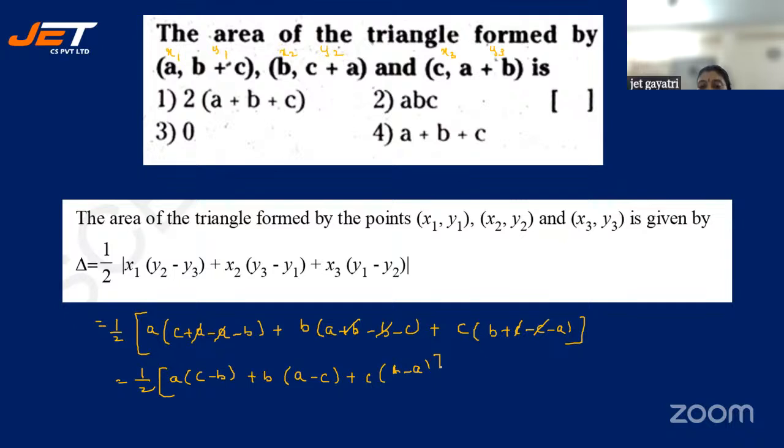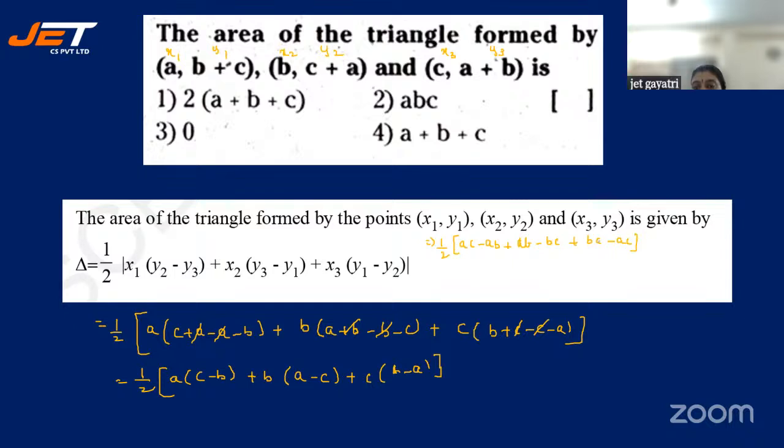Okay. Right. See here, you just have to expand. Actually, there's no place for me to work out here. If you expand, you will get the answer. Okay. So let's do it here. If you expand, you will get half into AC minus AB plus AB minus BC plus BC minus AC.